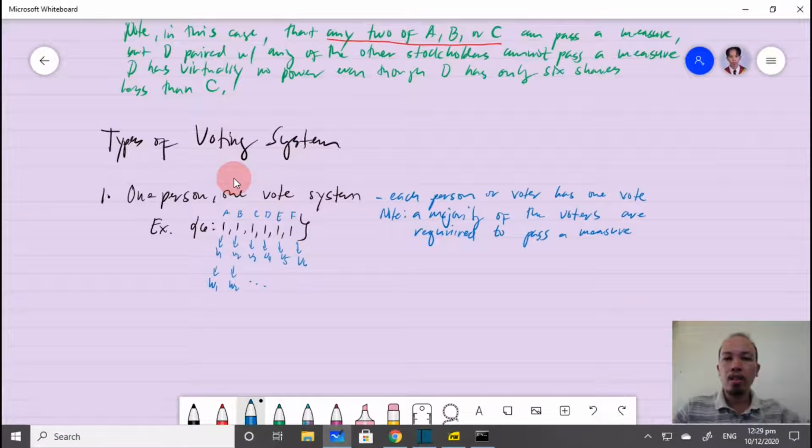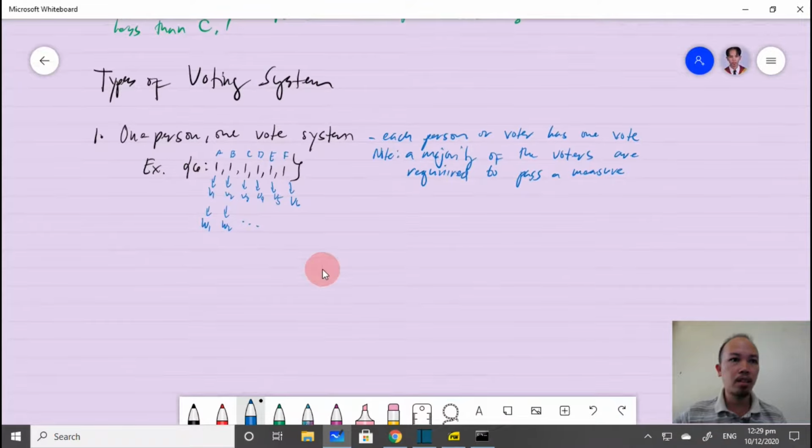This means that if one voter is absent, then you cannot pass the measure, because the sum of the votes is equal to 5, which is less than the quota, which is 6. So that is the one person one vote system.